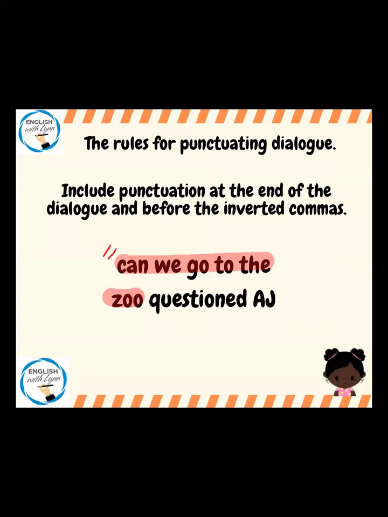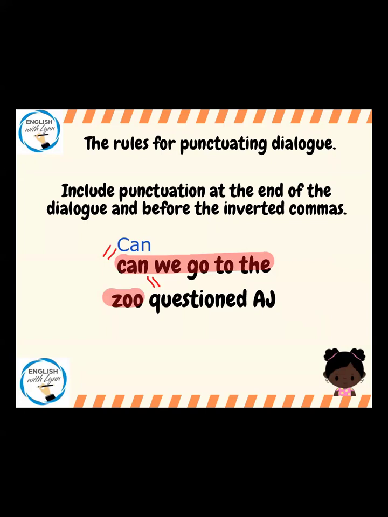So he's saying, "Can we go to the zoo?" Then I need to remember my capital letter rule. So that bit there is a capital letter. "Can we go to the zoo?" Now, what I also need to think about is that it's a question. AJ is asking a question.